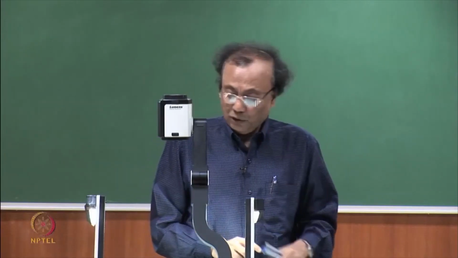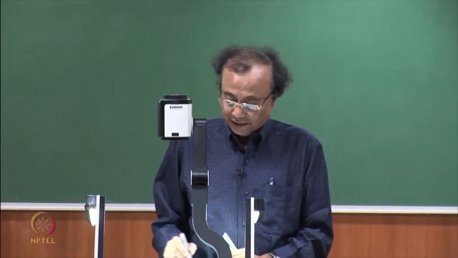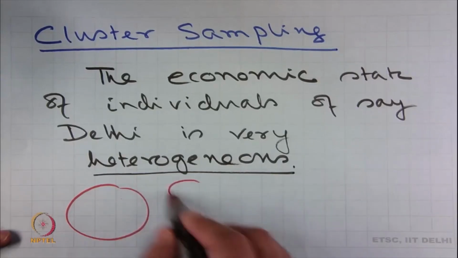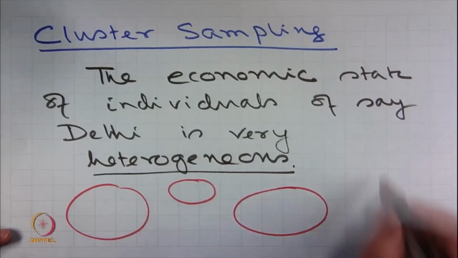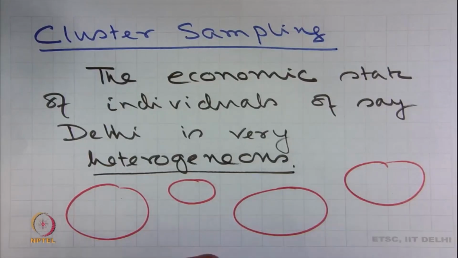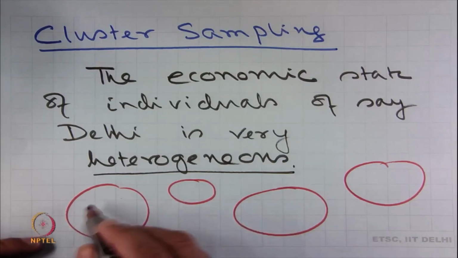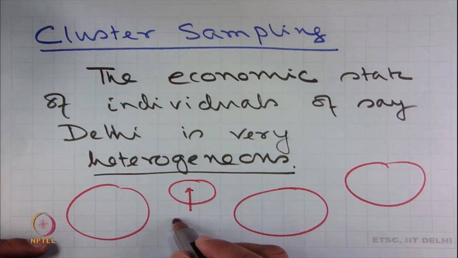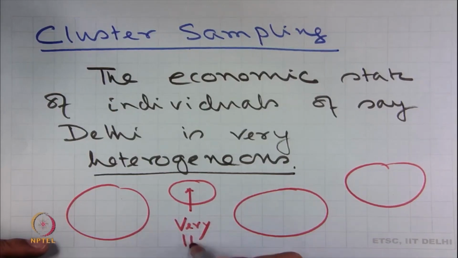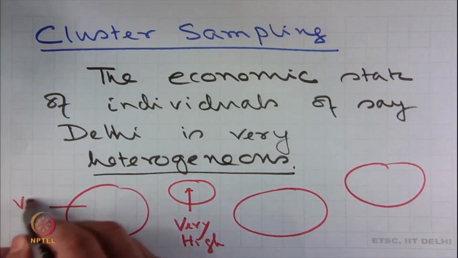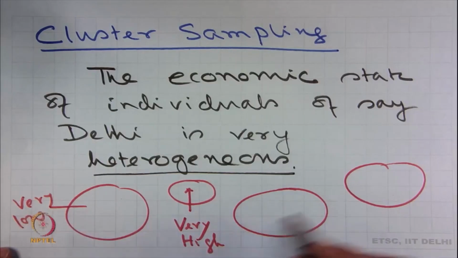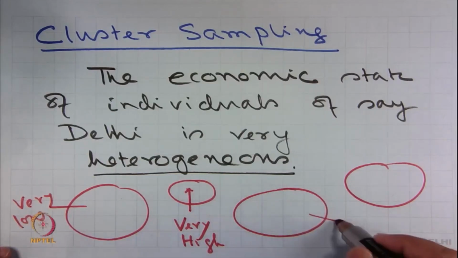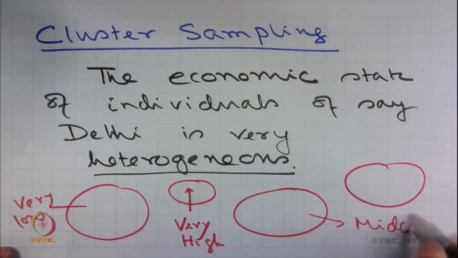Therefore, it is more meaningful to divide the entire population into different clusters such that the clusters are homogeneous in nature. Say for example, this may be a cluster of people with very high income, this may be a cluster of very low income, this may be a cluster of say middle level income.